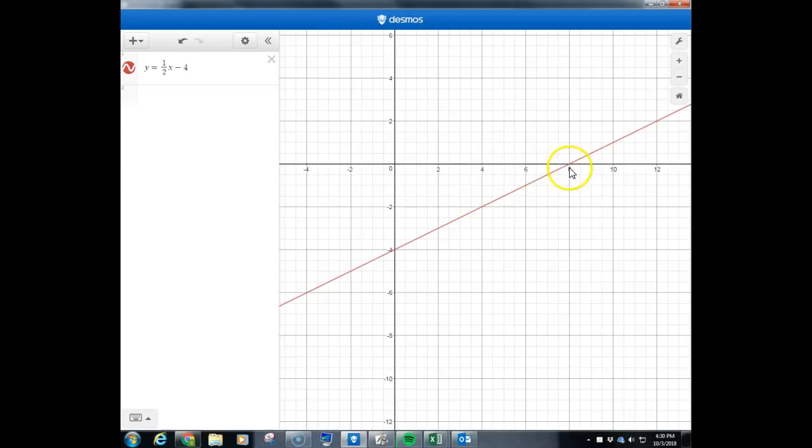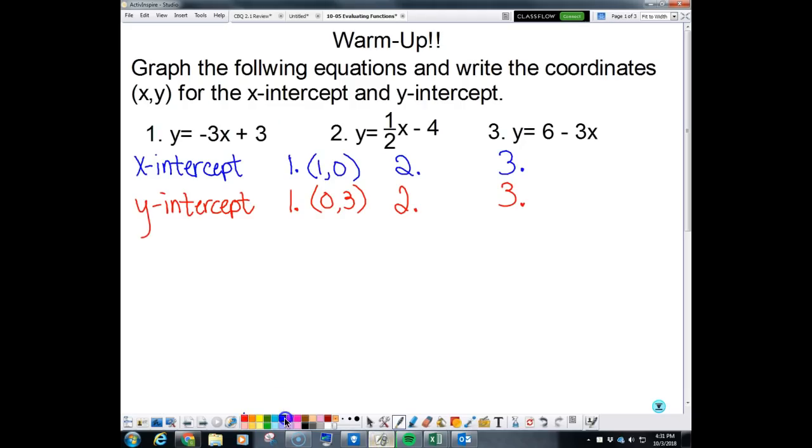So my x-intercept is right here, and that's 8, 0. My y-intercept is right here, and that's 0, negative 4. 8, 0 is my x, 0, negative 4 is my y. So 8, 0, and 0, negative 4.